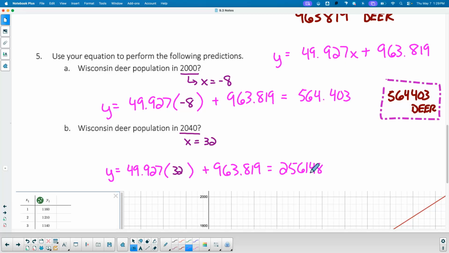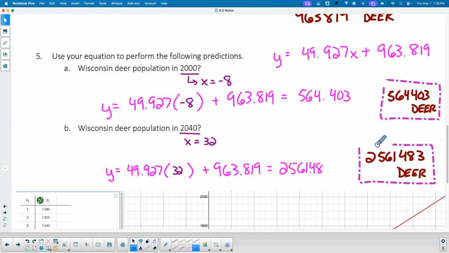Multiply by 1,000. So then I get 2,561,483. Okay? Questions, comments, concerns, clarification?